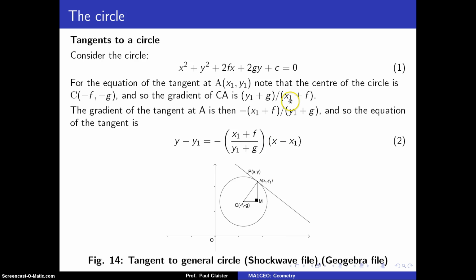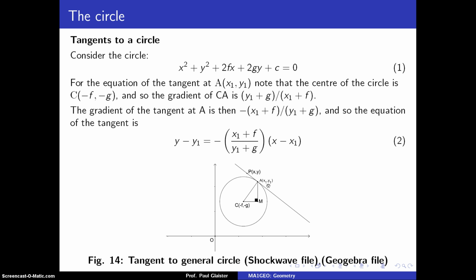So for example, if I take the circle in equation 1 here, which we've seen before, which we know has a centre minus f, minus g, and it has a radius which is given by the square root of f squared plus g squared minus c, by completing the square, then we can determine the equation of the straight line, which is the tangent as shown, to the point A with Cartesian coordinates x1, y1.